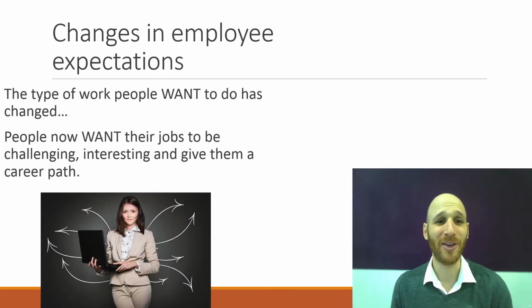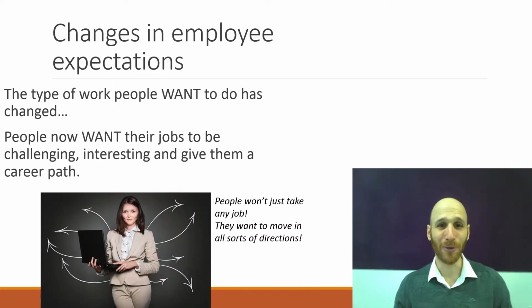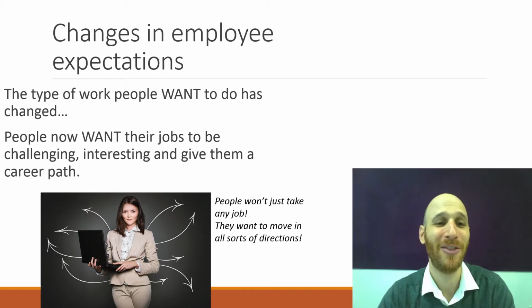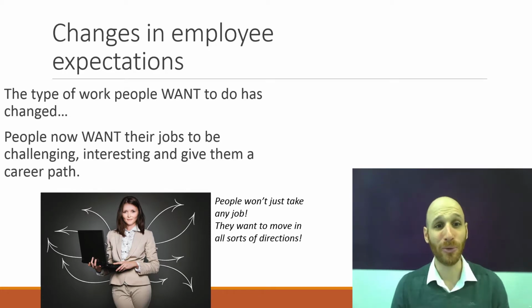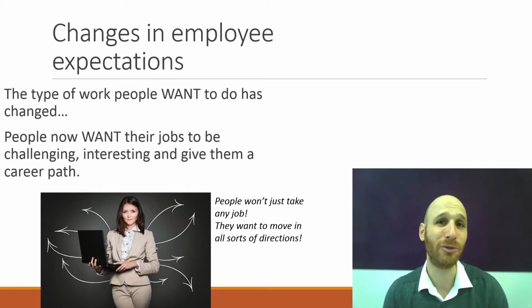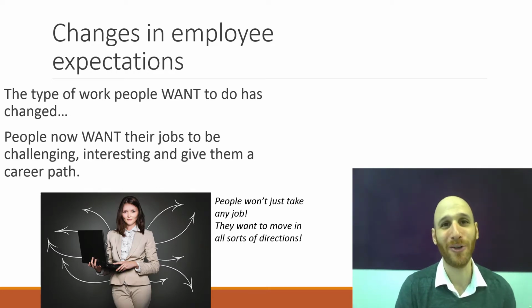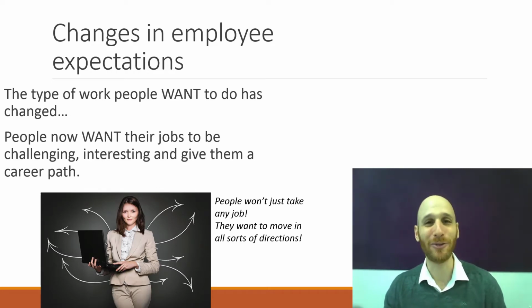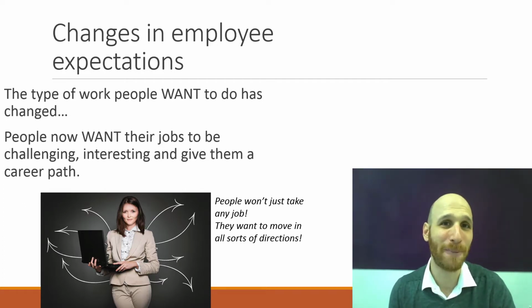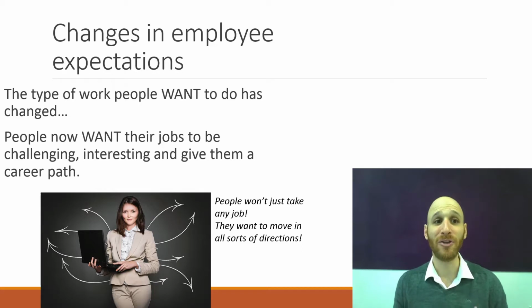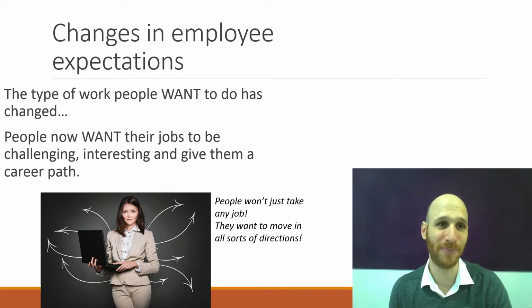For example, we can see this person here going in all sorts of different directions. Today people won't take any job, they want to move in all sorts of directions. They don't want to be stuck on the farm or underground. They want to travel, they want different opportunities. So this means that people are looking for different types of jobs.